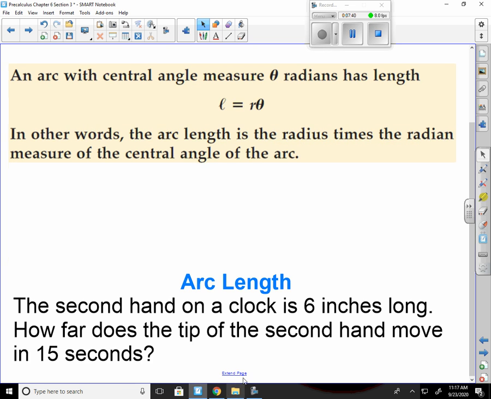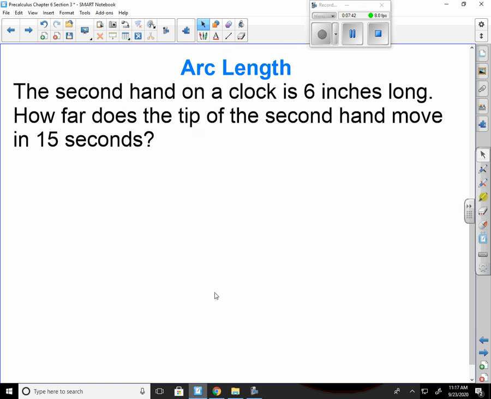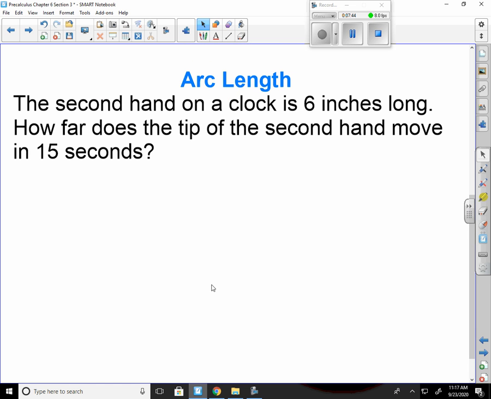So, a second hand on a clock is 6 inches long. How far does the tip of the second hand move in 15 seconds? So, I guess we have to think about how far 15 seconds is. If we're thinking about a circle, here we have a circle. 15 seconds would be going from here to here.